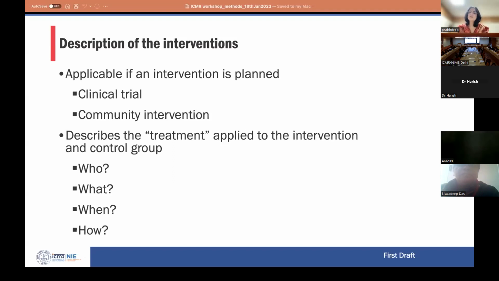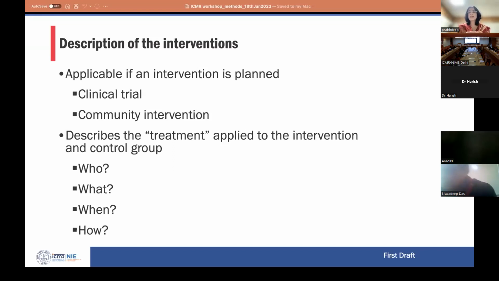But your intervention could be in a community setting or in a primary healthcare facility and so on. In those situations, you will be looking at defining your intervention, describing it, to whom you are giving the intervention. What is the intervention? What are the various components of your intervention?